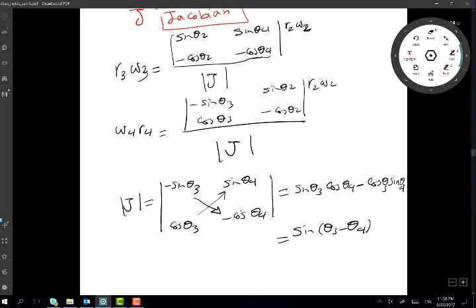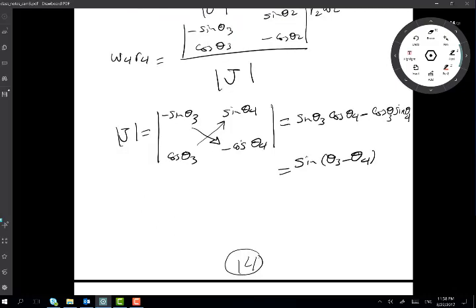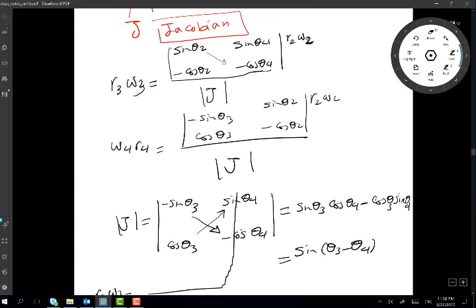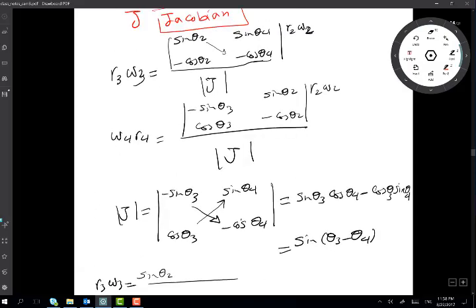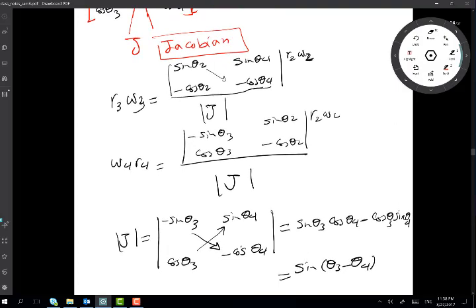So let's do R3 omega 3. R3 omega 3 is going to be equal to, when I multiply those, I get sine theta 2 and minus times minus cosine theta 4.